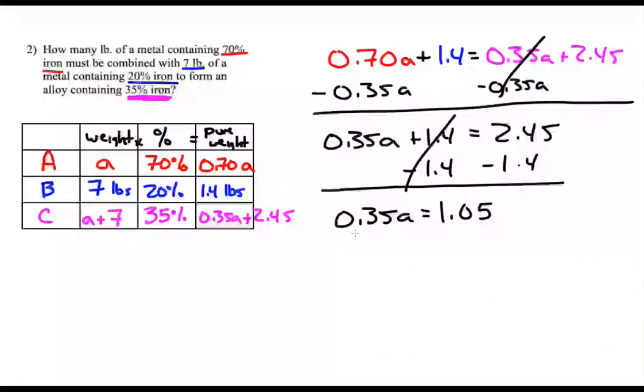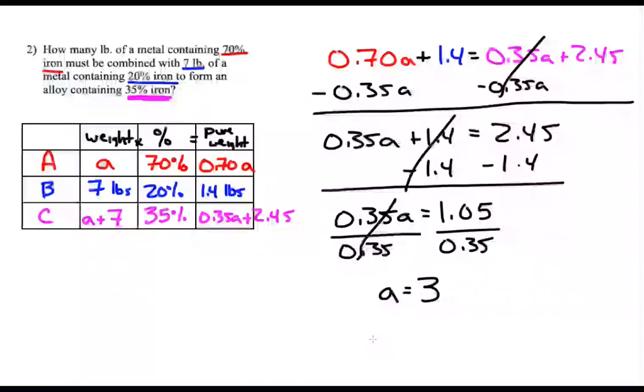Now I have 0.35 times A, the opposite of which, of course, would be to divide by 0.35. And if I do that to one side, I have to do it to the other side as well. So now those cancel, and I'm left with A equals 1.05 divided by 0.35, which is 3.